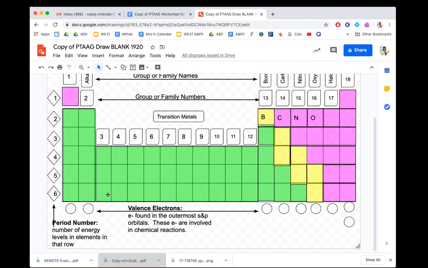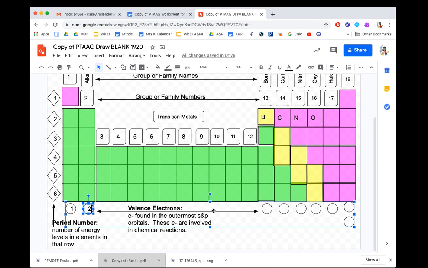Now, just like we had before, this first circle, everybody in that column has one valence electron. Everybody in this column has two. We're going to skip all of these transition metals, and the reason for that is they have orbitals that are not S and P's.